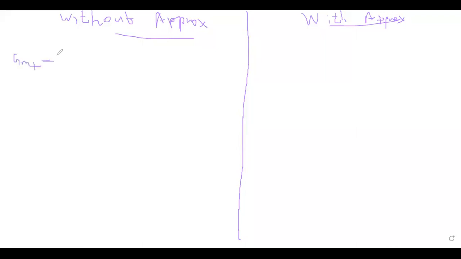So here we got GM plus s equal to e to the minus 4s, right? GM minus as 2 over 10s plus 1.